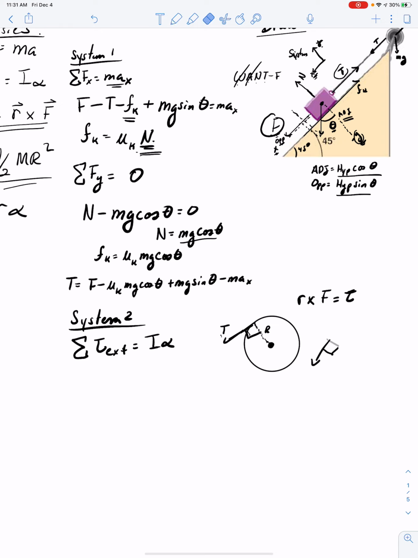And when we reanalyze it, it's R F sine theta. This is 90, sine of 90, and sine of 90 is 1. So R F. Okay? So we have that. We can erase this.